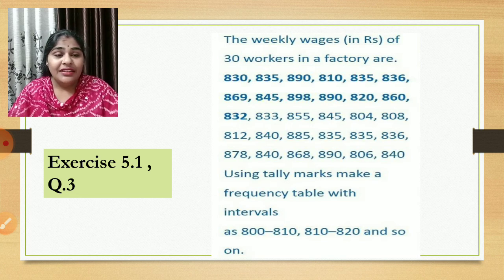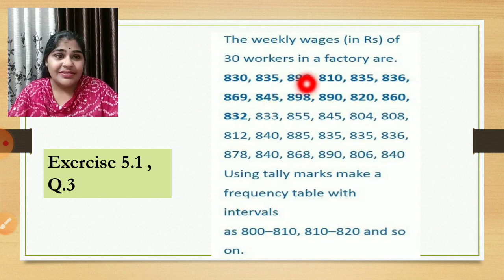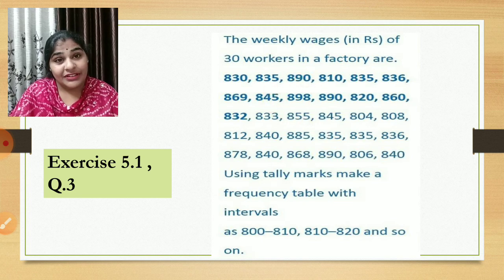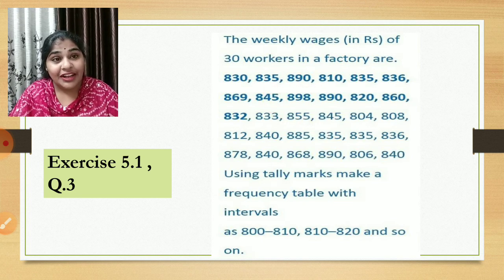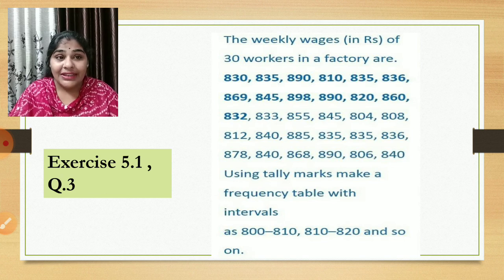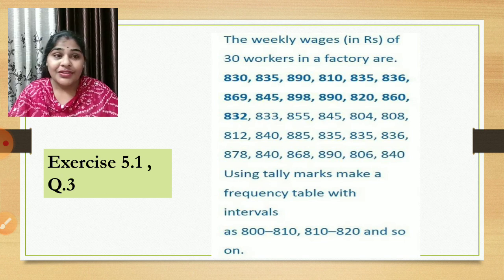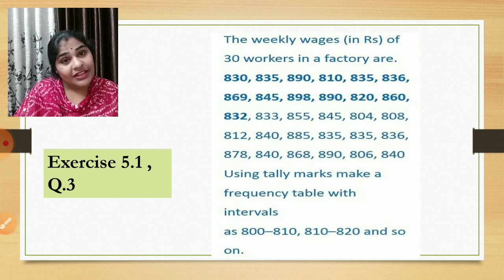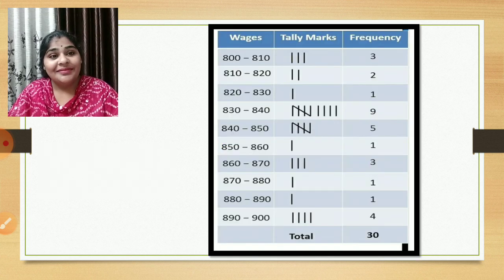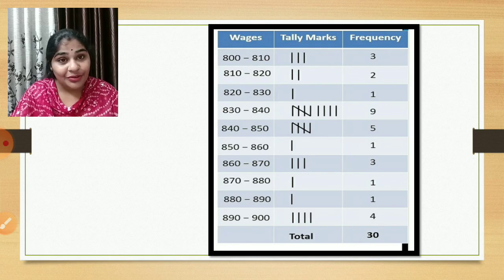Now you can see the highest number is 898 over here, right? So the last interval will be 890 to 900. This will be the last class interval. So let us start. This is how your grouped frequency distribution table will be.